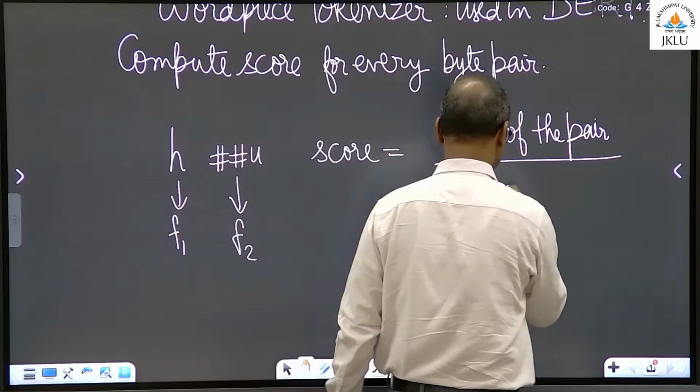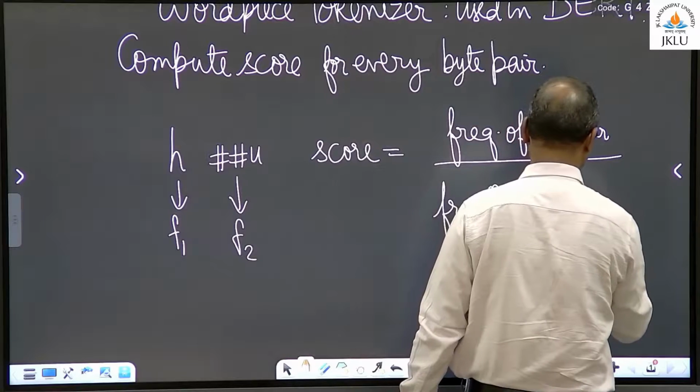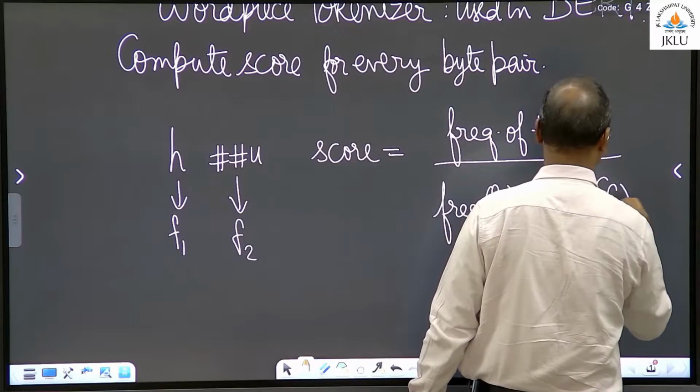So frequency F1 dot frequency F2. This is what it is.